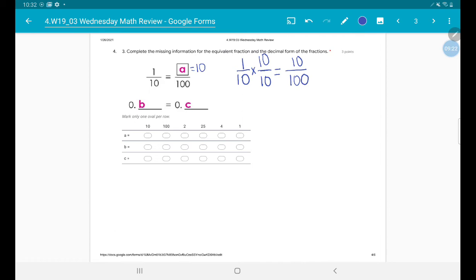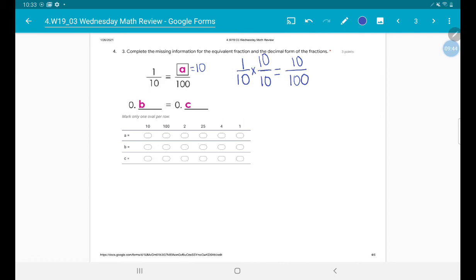Ainsley told us earlier that fractions are part of a whole. I don't have a whole yet. So that's the exact same thing with decimals. It's just another way to write a number that's smaller than a whole.